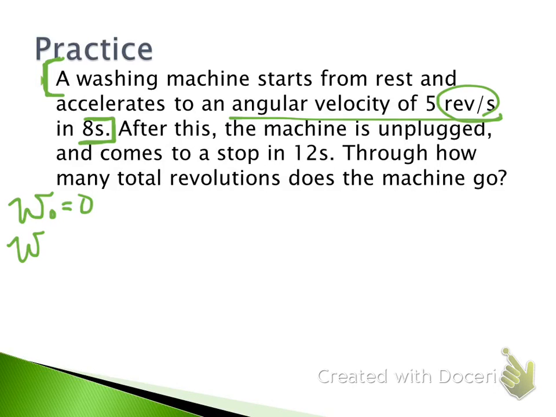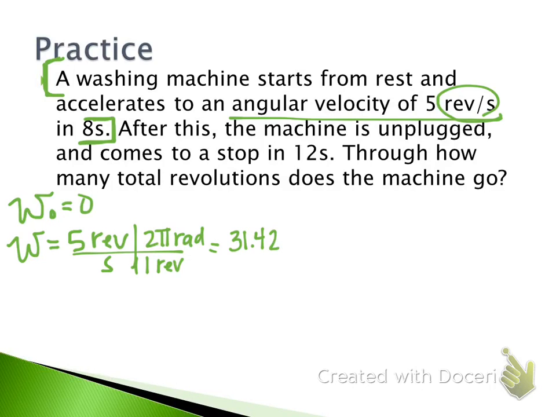We need to convert that 5 revolutions per second to radians per second. The way we do that is to convert revolutions to radians. We know that 1 revolution is 2 pi radians. So we're going to take 5 times 2 times pi, divide by 1, which equals 31.42 radians per second.